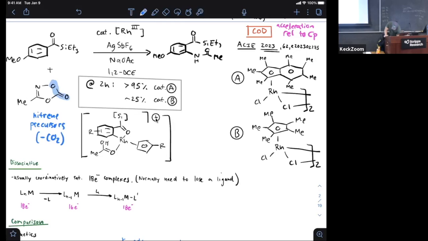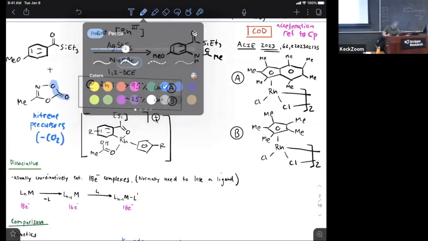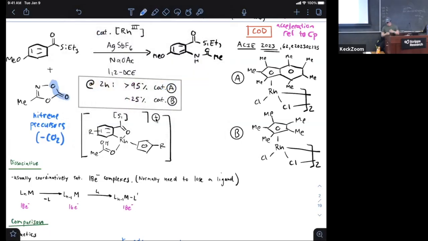And again, these details, I don't expect you to follow all of them at the moment, but the point I want to make is that this paper covers a lot. Actually, I'd encourage you to read it because there's also a lot of CO stretching frequency data for electronics of Cp. That's a great way to practice that concept. In this paper, they show some rate data comparing the Cp* rhodium complex.